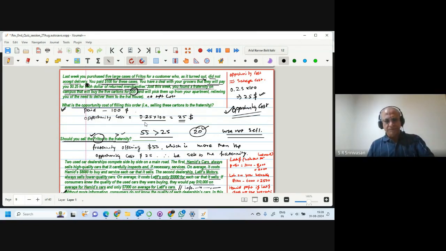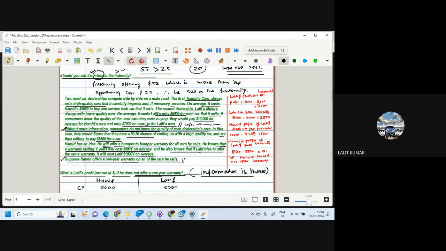Okay, this question has come straight away from the GA, that it is basically a question on asymmetric information. Two used car dealerships compete side by side on the main road. The first, Hamid's, always sells high quality cars that it carefully inspects and, if necessary, services.